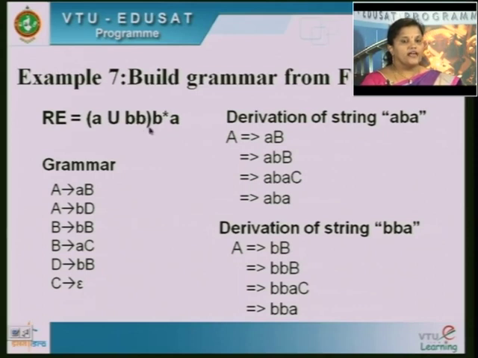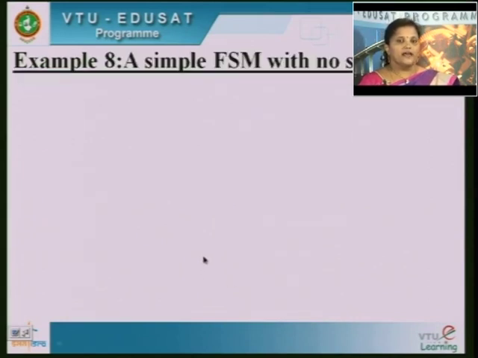So, let us derive BBA. You can start with A derives BB, A derives BB, next B derives BB, next B derives AC, and lastly C derives epsilon. So, like this, you can derive the strings from the grammar.